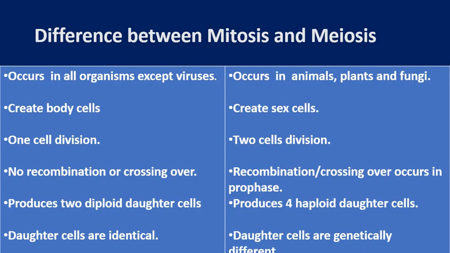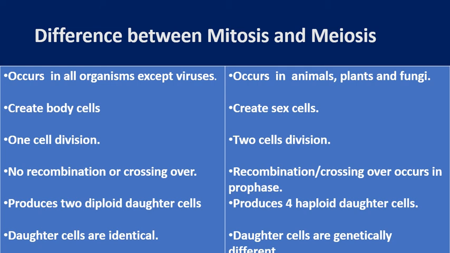Now, what is the difference between mitosis and meiosis? Very simple. If you have understood both, you can very easily understand the difference between these two. Mitosis occurs in all organisms except viruses, while meiosis occurs in animals, plants and fungi only.